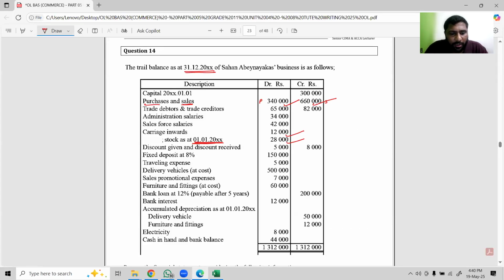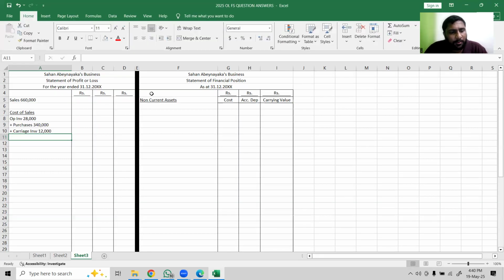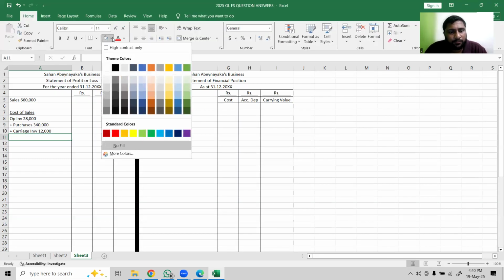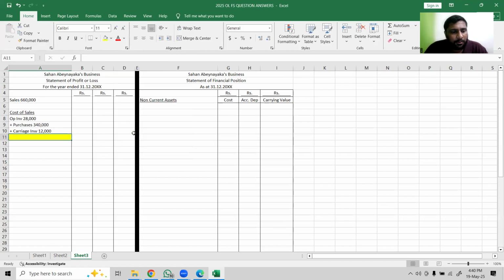Do we have any loading, unloading? No, right? Loading, unloading is not there. We'll leave one line to write the closing inventory and we'll go for the gross profits.